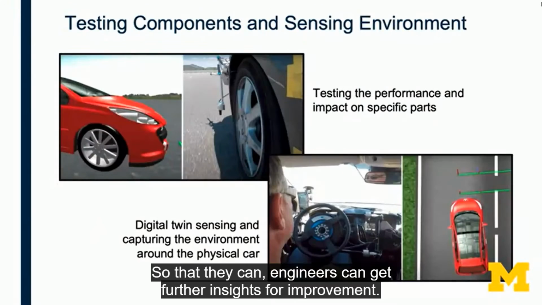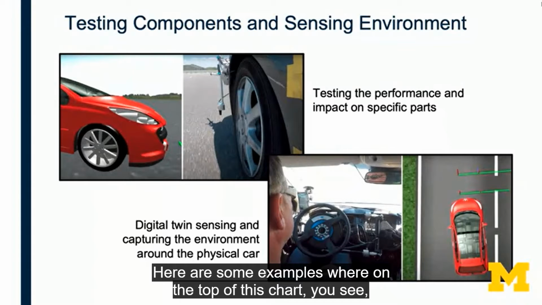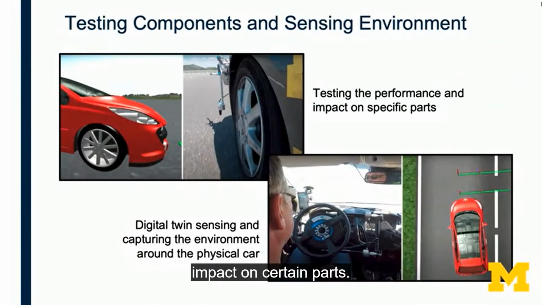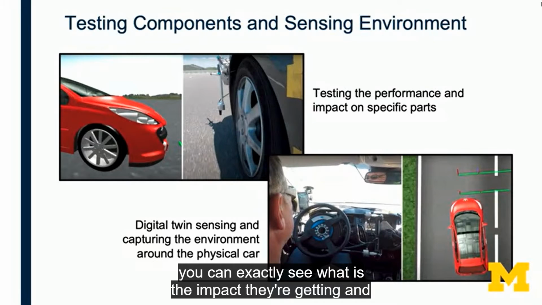You could have the product digital twin concept used in multiple ways. Here are some examples where, on the top of this chart, you're testing the physical vehicle and you're testing the performance and impact on certain parts. It could be brakes, it could be shock absorbers. Through the digital twins, you can exactly see what impact they're getting and then analyze all these parameters.